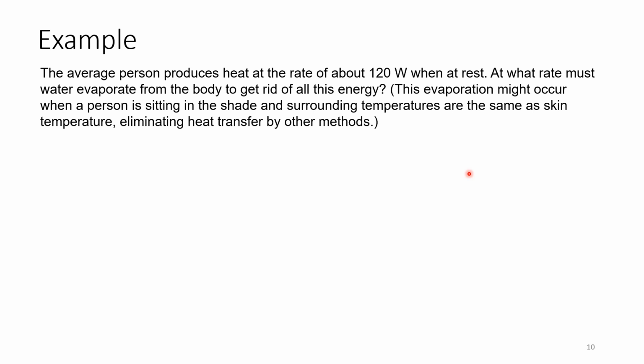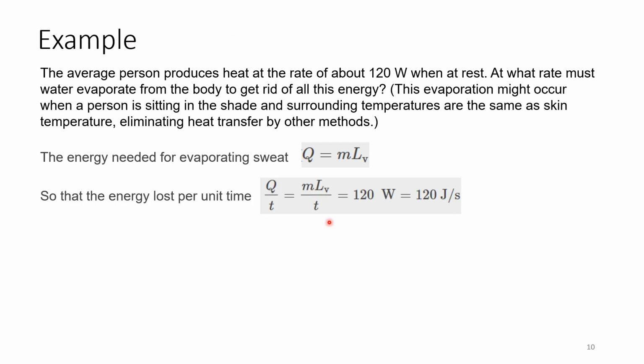The energy needed for evaporating sweat is Q equals m L sub V, because there's a change from the liquid form, which is water, to the gas. So the energy lost per unit time should be Q over t. Since we know the person produces heat at a rate of about 120 watts, this rate should be equal to 120 watts, which is 120 joules per second.